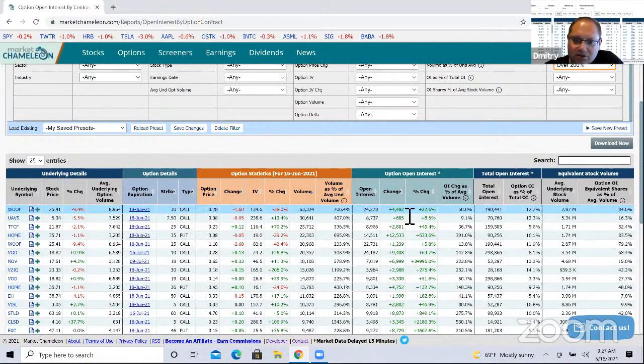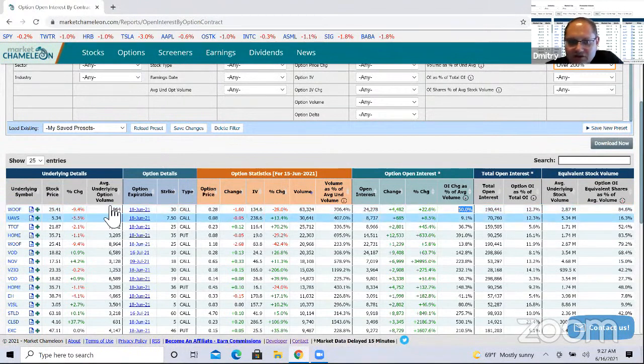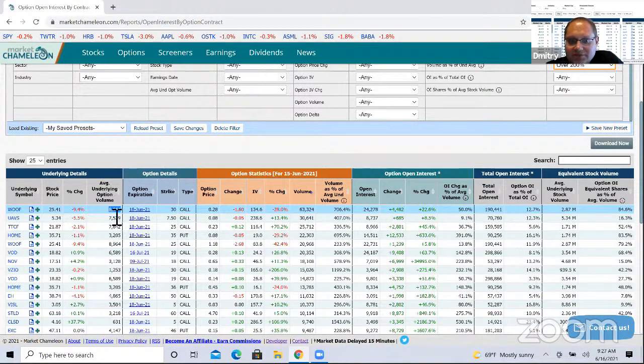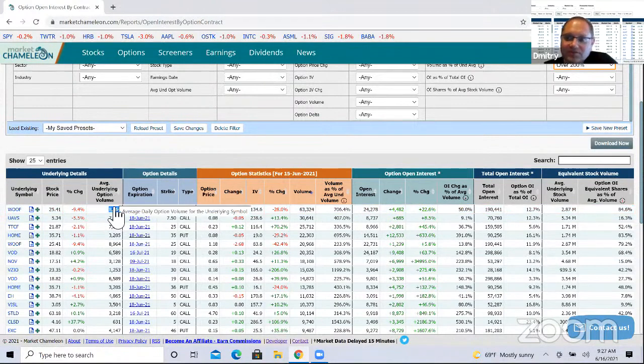We could come over here and we already talked about that the open interest increased. The open interest increased by 4,482. That's 50% of what on average this option trades per day. So it's a pretty significant change in the open interest.